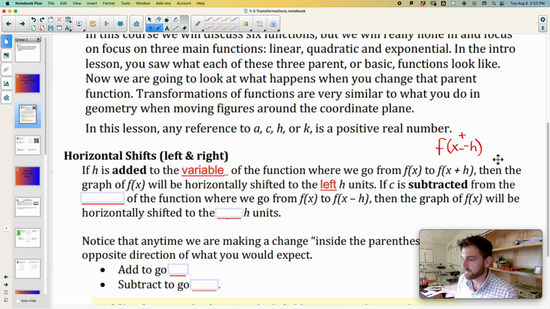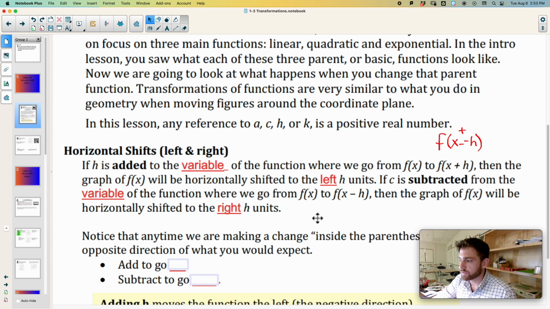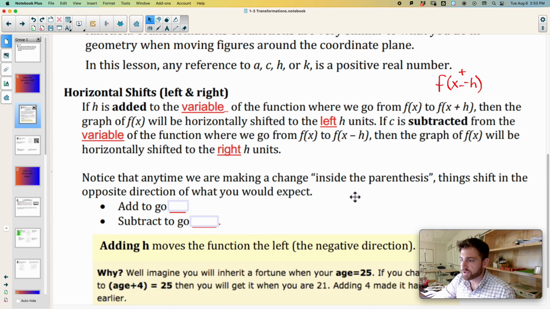That might be confusing at first, but that's really the reason why it's a shift to the left whenever h happens to be positive on the inside of parentheses. If h is subtracted from the variable of the function, where we go from f of x to f of x minus h, then the graph of f of x will be horizontally shifted to the right. So just think opposite of whatever the sign is in front of the h.